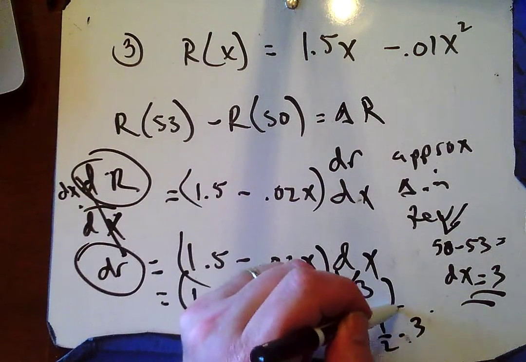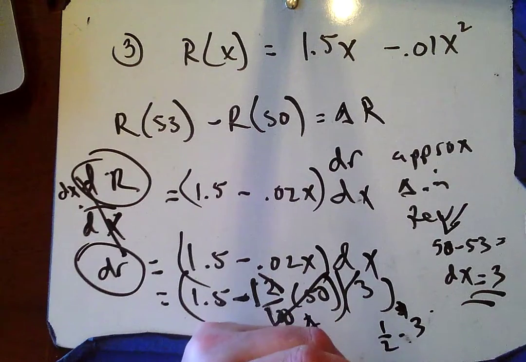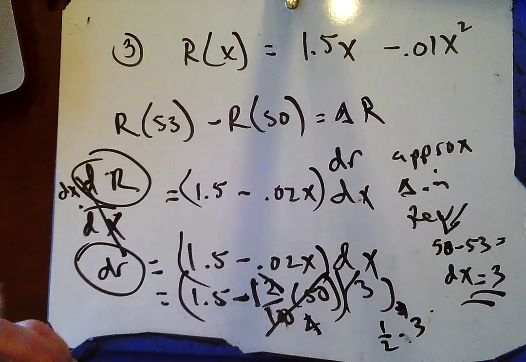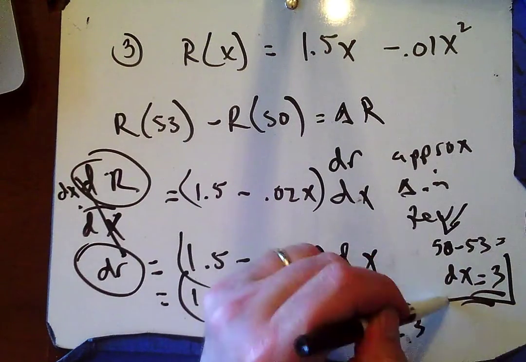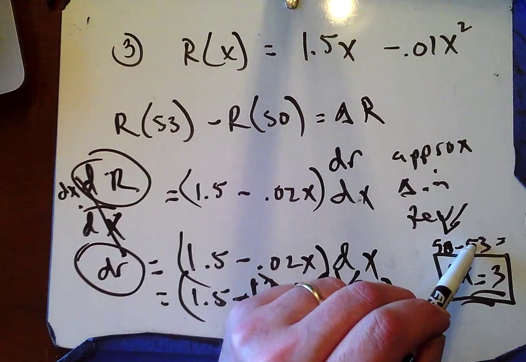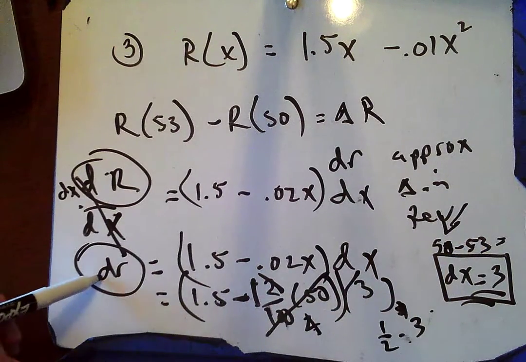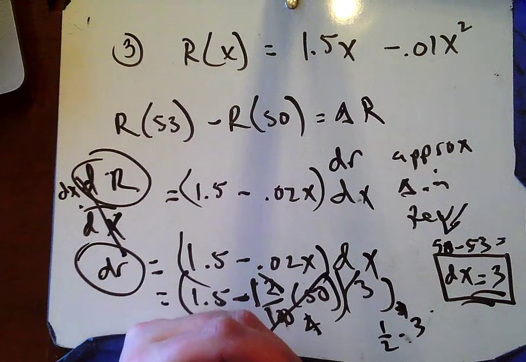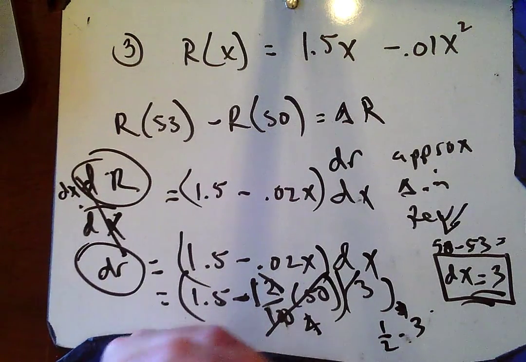Dollars. So when we raise the price from 50 to 53, the approximate change in revenue is going to be $1.50. Is it really just dollars? It really is just dollars.